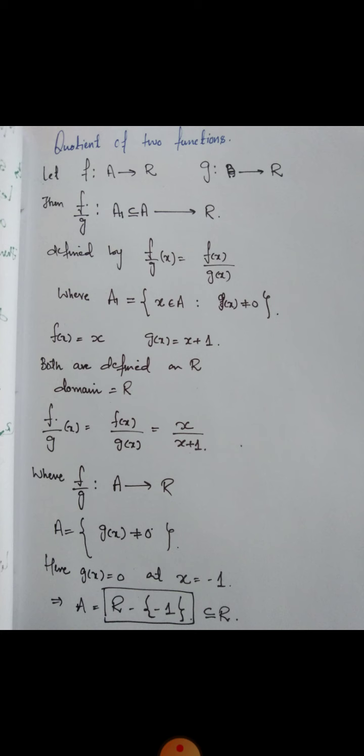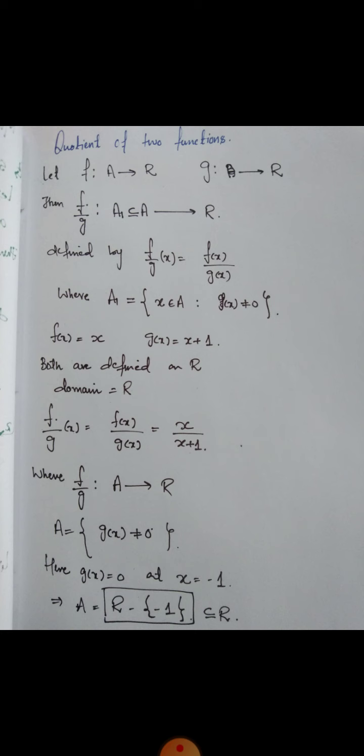Now the last one is the quotient of two functions. Quotient means division. If we have two functions, f from A to R and g from A to R, with equality of domain, then we can have f by g, which is a function from a subset A1 of A. Here A1 is a subset of A, so we are restricting the domain of the resultant function.